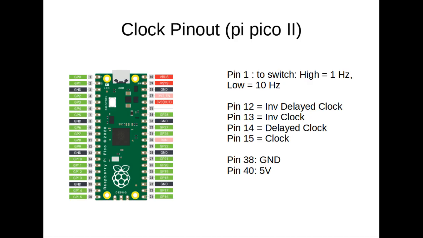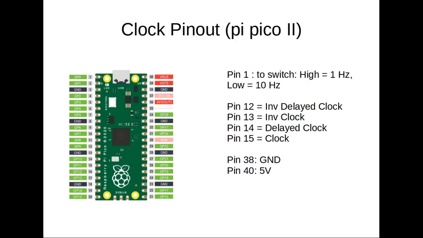Delayed means that the rising edge is 10 milliseconds later than the original clock. If I want to put something on the bus, I use the direct clock. If I want to read from the bus, I use the delay clock. So I'm sure that the value will be there, as 10 milliseconds is eternal in electronics.